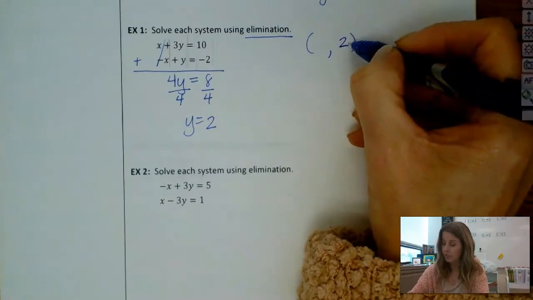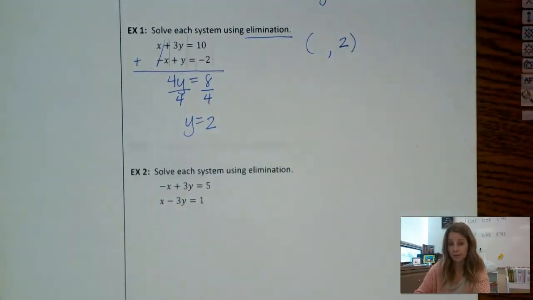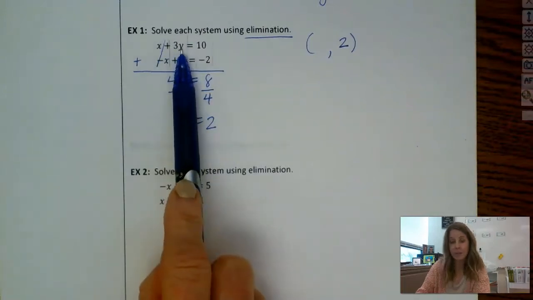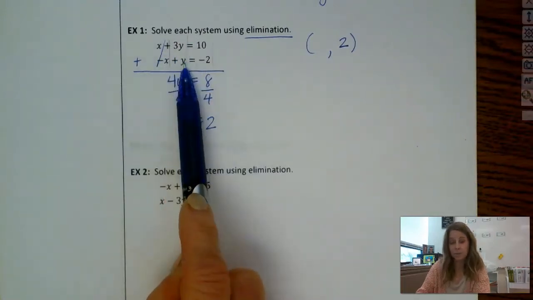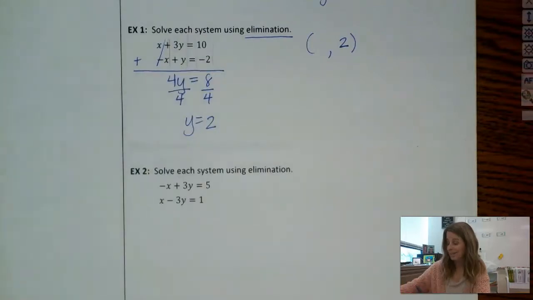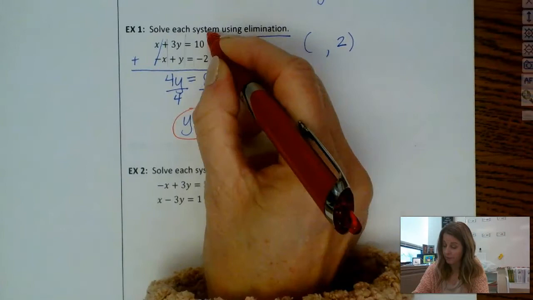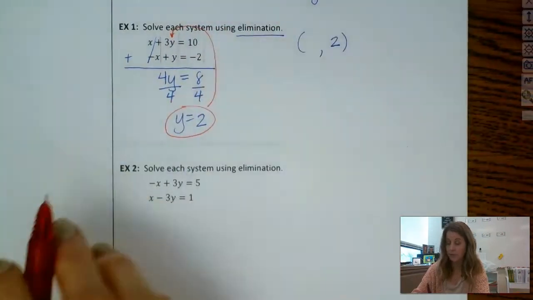Now I'm still trying to approach an answer, an ordered pair. So I just got the 2 in the ordered pair. I'm going to take 2, and I'm either going to plug it in right here in equation 1 or right here in equation 2. It doesn't matter where it gets plugged in. I'm just going to go to the top equation just because.